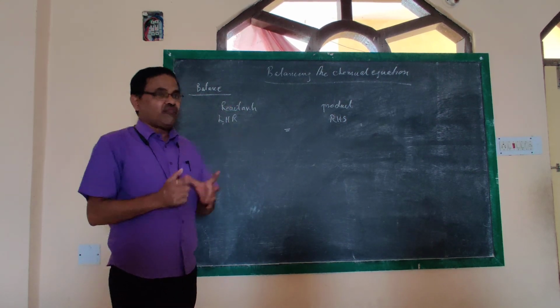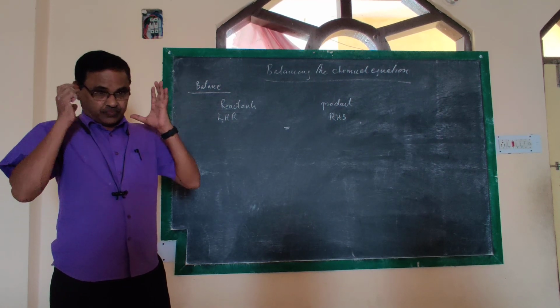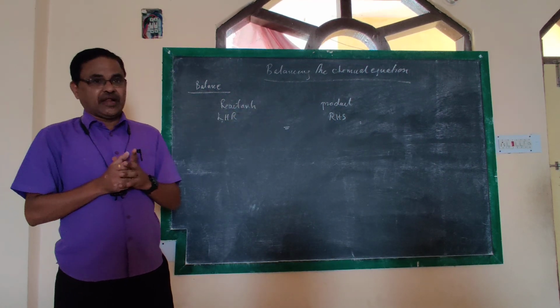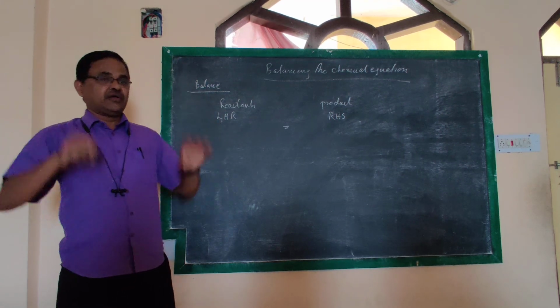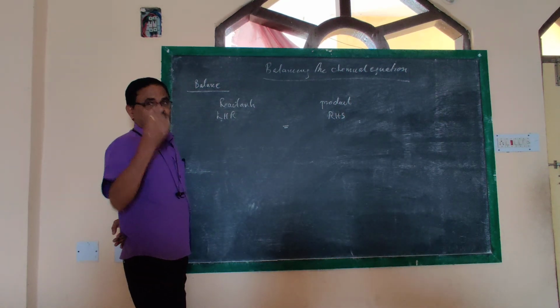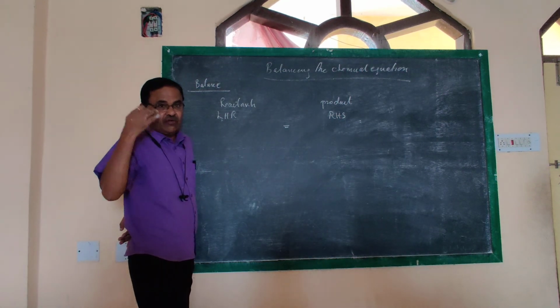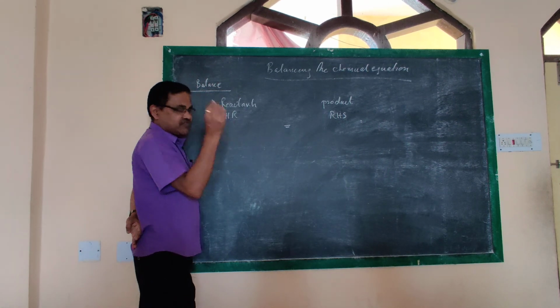So the number of atoms in the products formed should correspond to the number of atoms consumed in the reaction. For example, how to calculate the total mass or the total weight of a particular compound or a particular atom? Take an example.